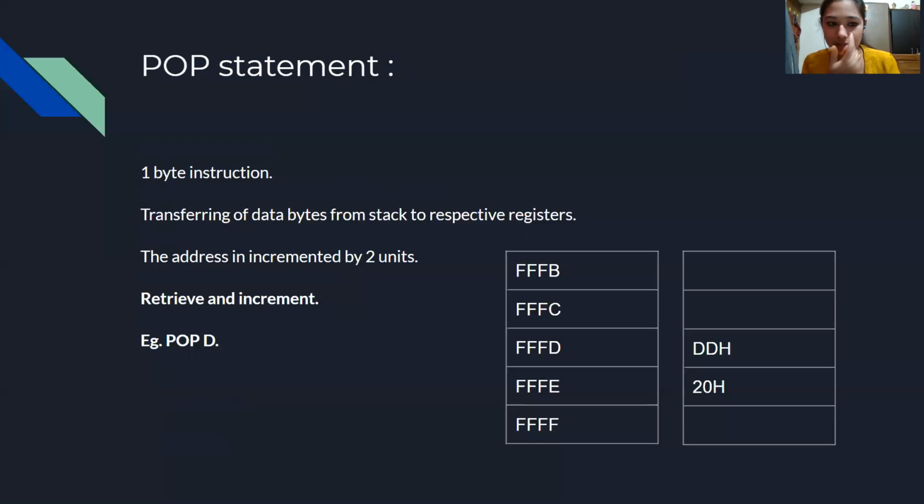Continuing from the previous example, we have POP D written here. POP D represents a register pair which is DE. So it will be copying data of the stack to the register DE. Now let us see the manner in which it does this.